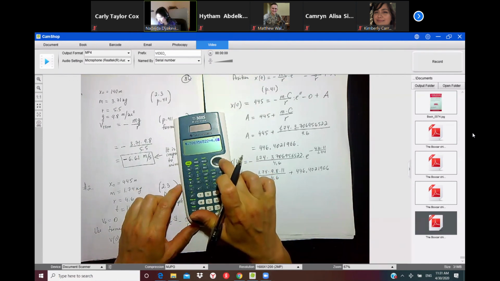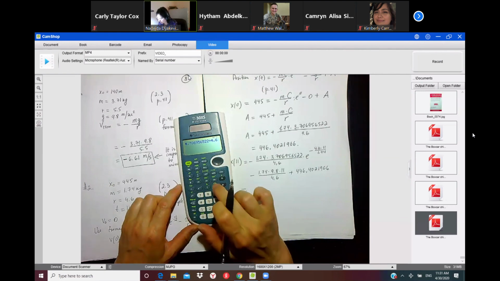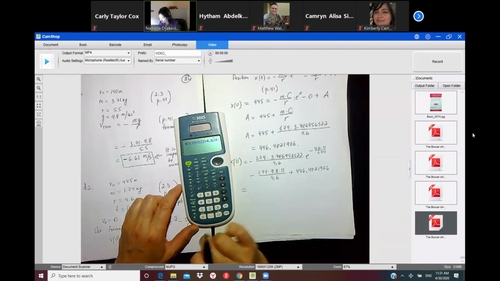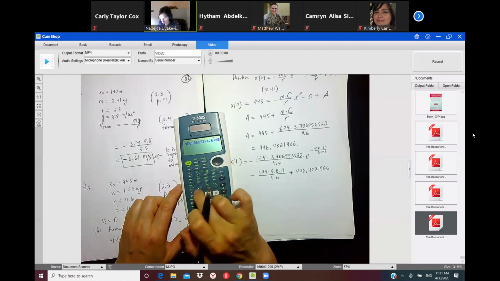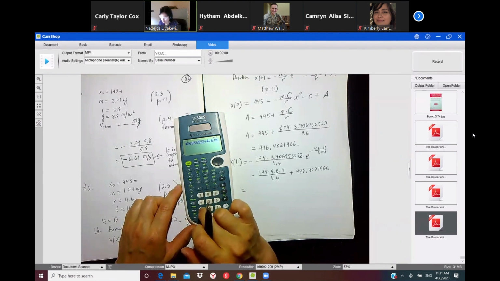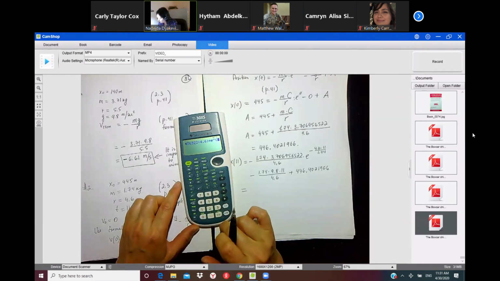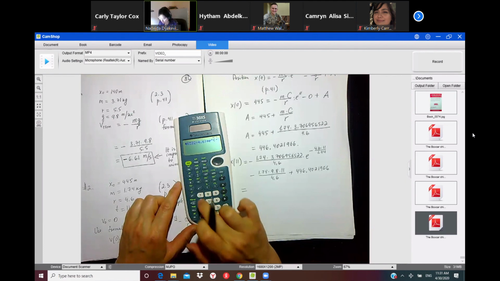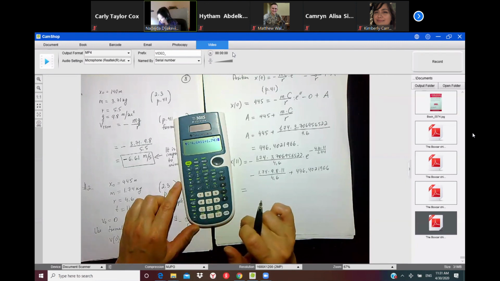And the reason is I'm going to close it here, multiplied by e to the power. So second exponential is here, negative 4.6 times 11 divided by 1.74, close parentheses. Then we have to subtract.